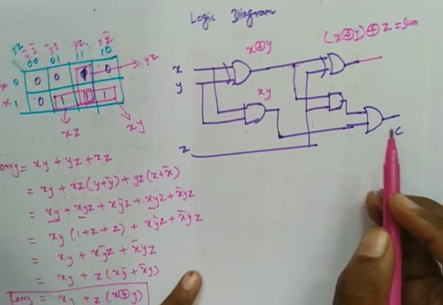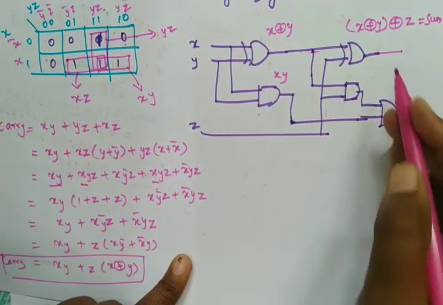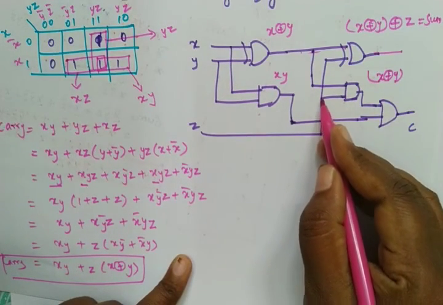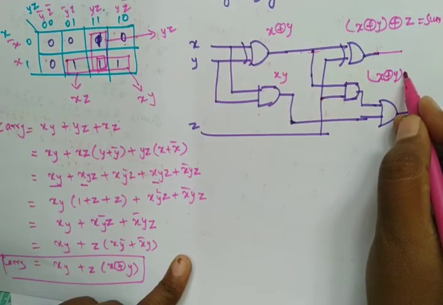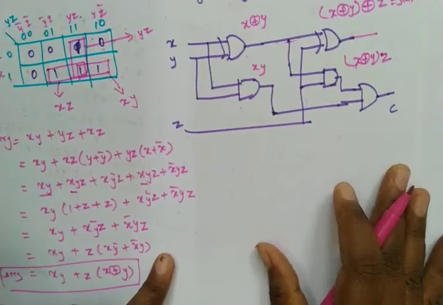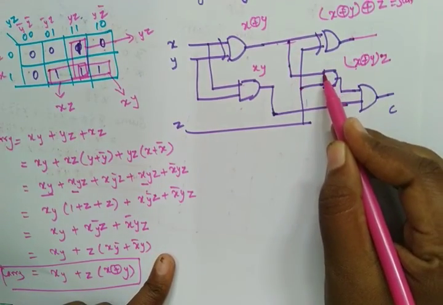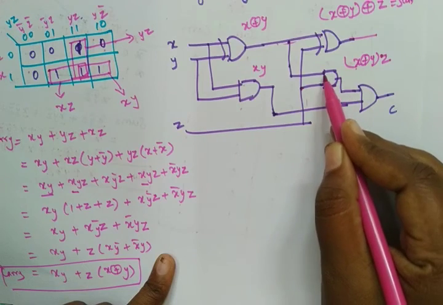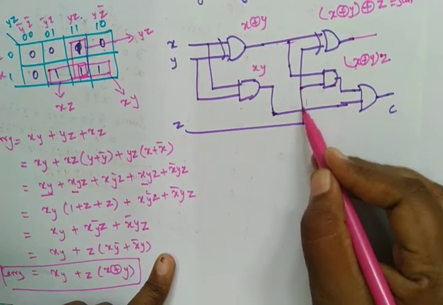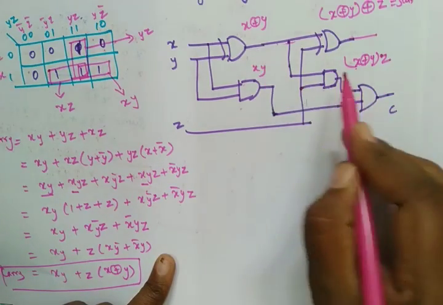Now next is carry. Here we have x XOR y, and the other input here is z. So z into x XOR y is the output of this AND gate. Because it is an AND gate, z into x XOR y.